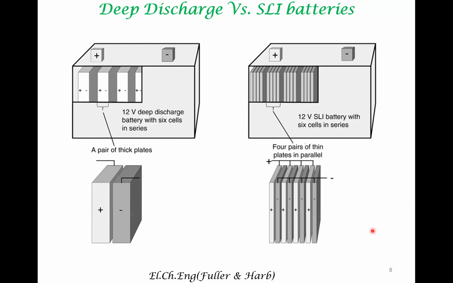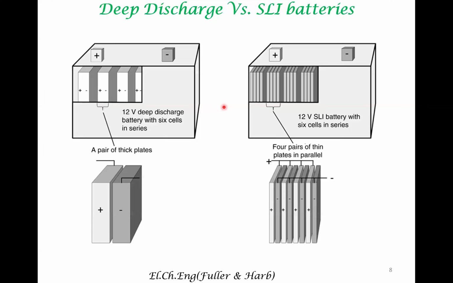So as opposed to a deep discharge battery, the SLI battery construction is also different. In a deep discharge battery, you have a thicker cell. So pairs of thick plates are utilized.